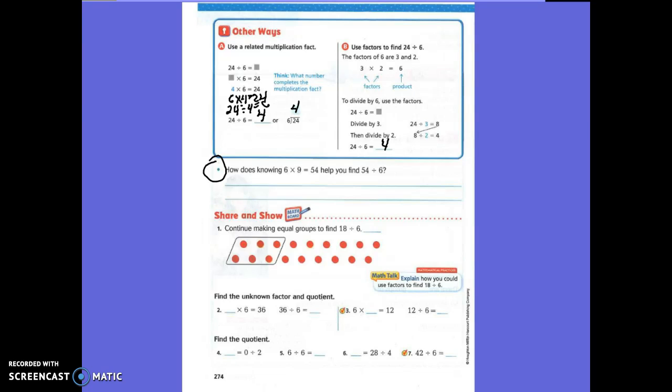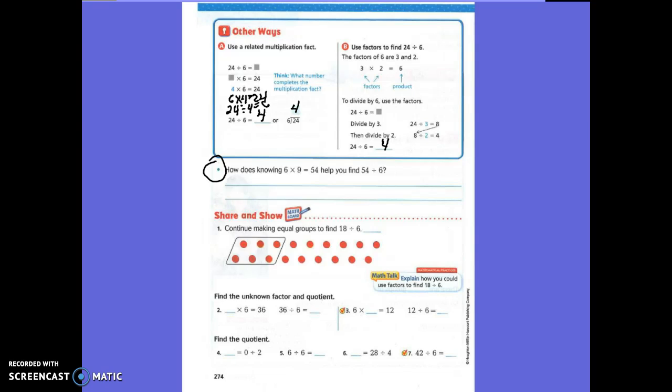Is that using the related multiplication facts, or breaking apart and using factors? Which strategy is it? What strategy is that, Cooper? Related facts or breaking it apart?